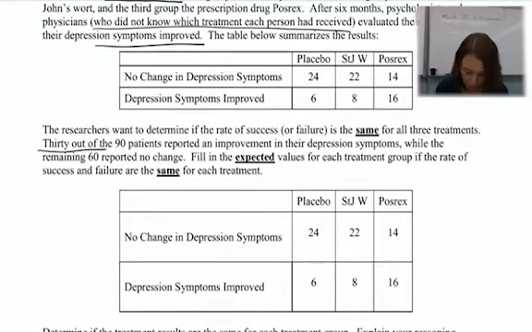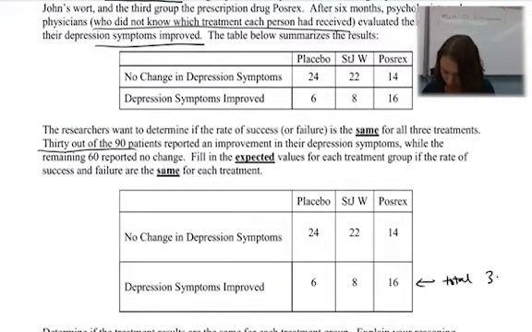30 out of 90 patients reported an improvement in their depression symptoms. Okay, so this is a total of 30, while the remaining 60 reported no change. So this has a total of 60. Fill in the expected values.